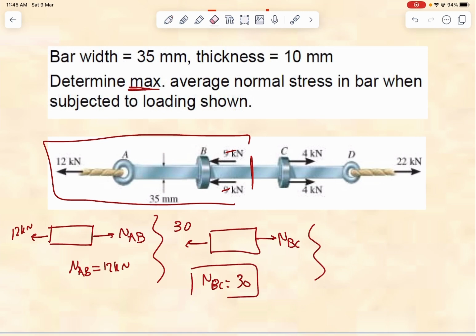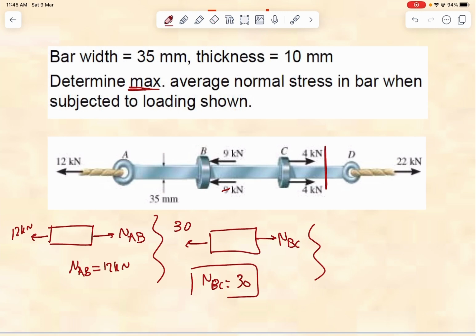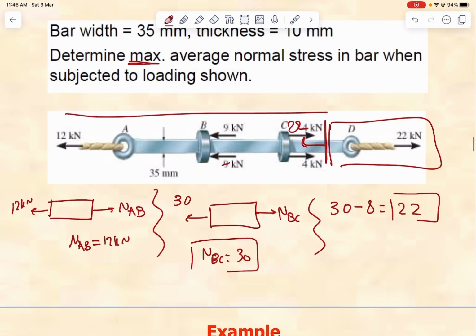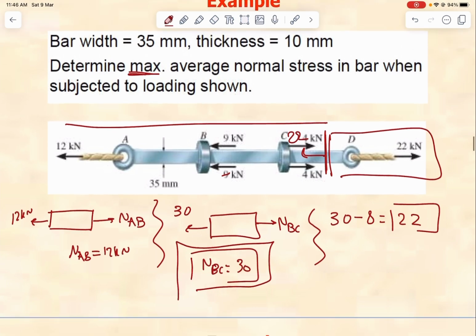Okay, if I make a cut over here, I will take this section: 30 minus 8, which is 22. And if I make a cut over here, after this it will be 22. So where is my maximum force? It's this one, 30.